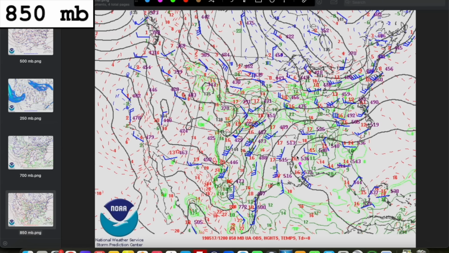And in this example, we can see that is in place across the central and southern plains from Kansas down into West Texas. You can see those wind barbs are at about 30, 35, 40 knots or so, even a 50 knot wind barb there across southwest Kansas. So in this case, we have a nice, fairly expansive low-level jet, and usually the low-level jet is associated with a low-level cyclone.